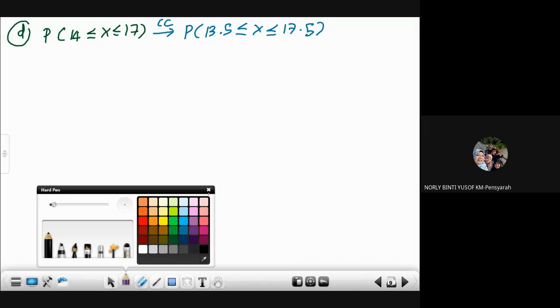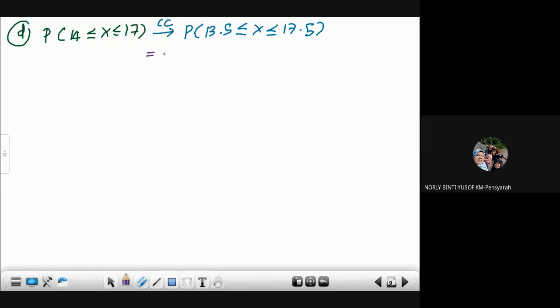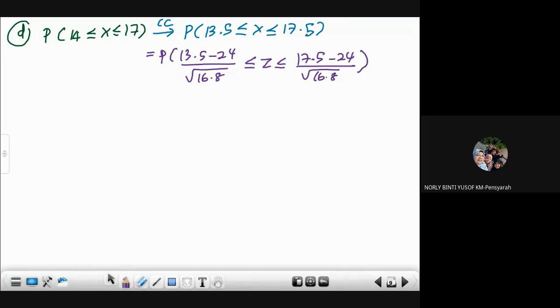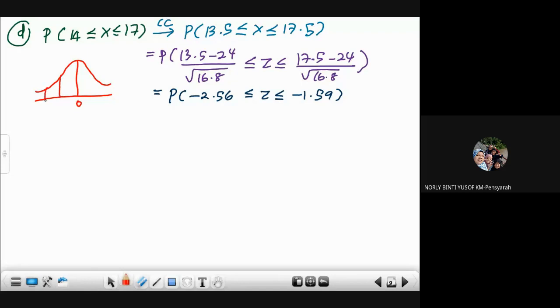Okay, and then dah buat CC, then standardize macam biasa. 13.5 minus 24 over square root 16.8, Z 17.5 minus 24 over 16.8. Okay, and then you akan dapat negative 2.56, negative 1.59. Draw normal shape. Negative 2.56, negative 1.59.